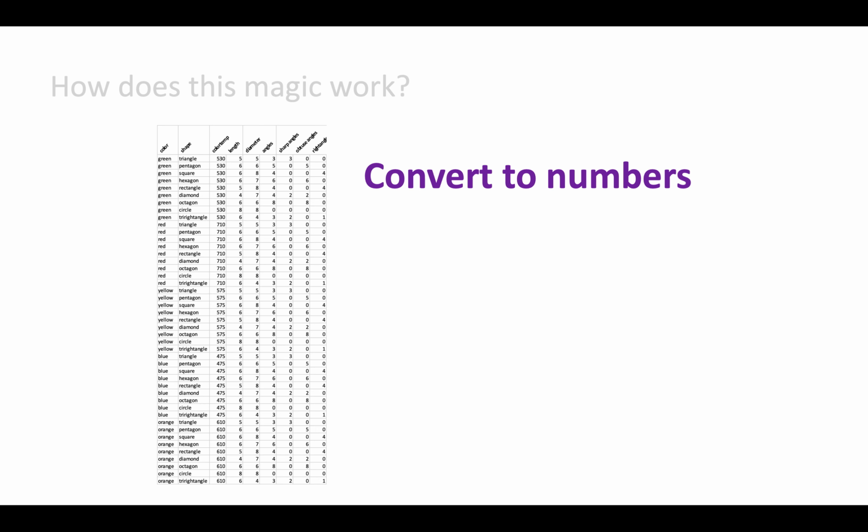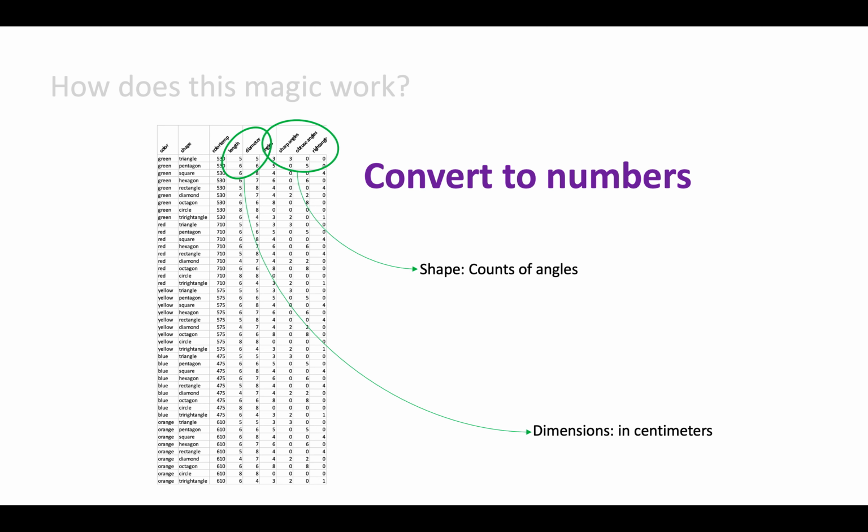And for color, which is difficult, I actually took the color temperature. Yeah, I would have suggested maybe RGB values. RGB values could be done too, but those are three values, and this is a single value. So that also works. Yeah. So dimensions in centimeters, the shape and the count in angles, and the coloring wavelengths in nanometers.